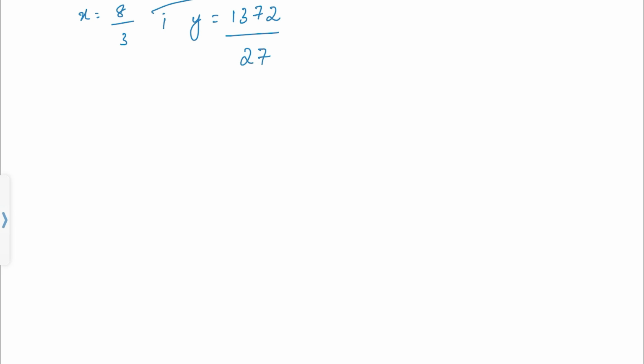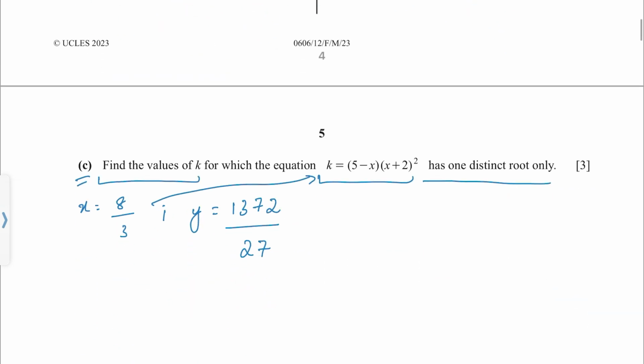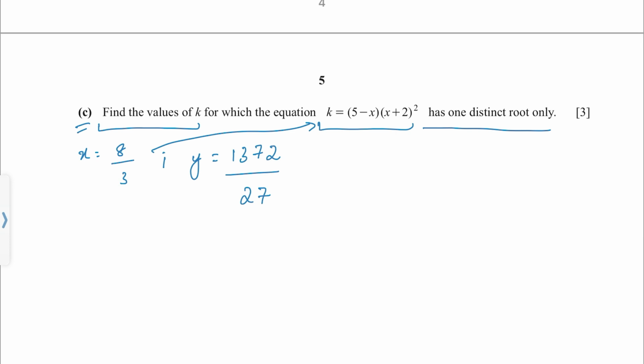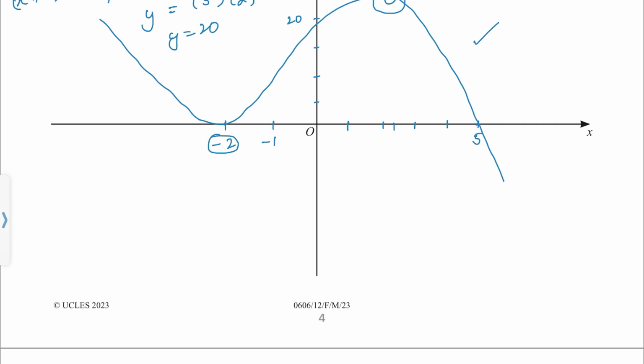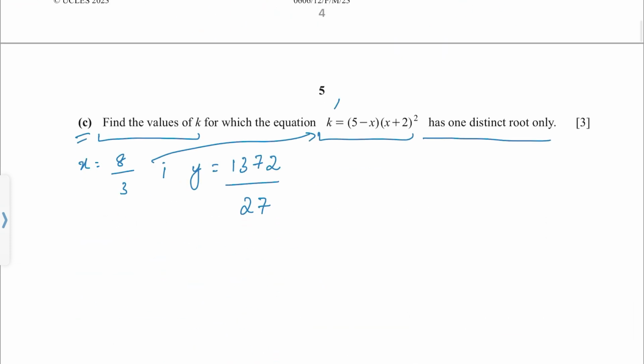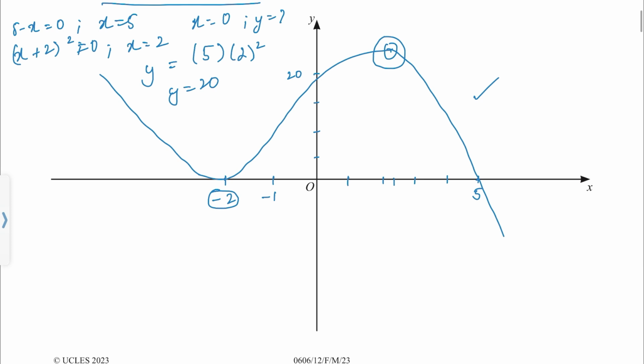So for now, let me briefly explain what one distinct root means. One distinct root means basically that there must be a line, where k is equal to something, a line of y equals to something, that cuts the curve at one point only.